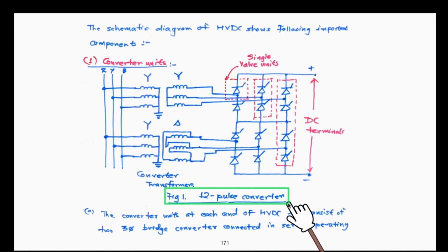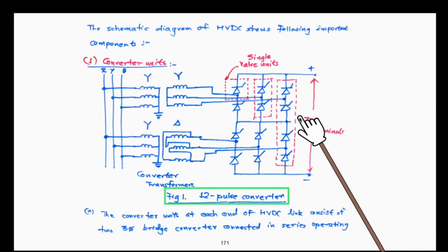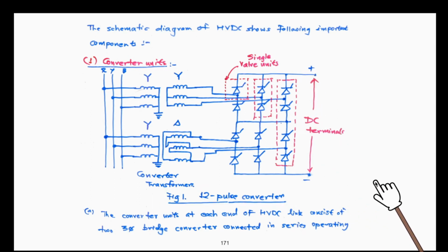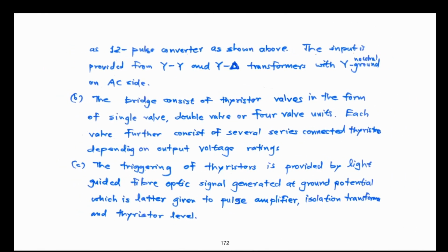So two three-phase units are connected in series. And as I said, the input is provided by a star star and star delta transformer with star neutral grounded. Okay, so all these points which I am just discussing are very important. You must know these are the gist of the things that we are learning, right?